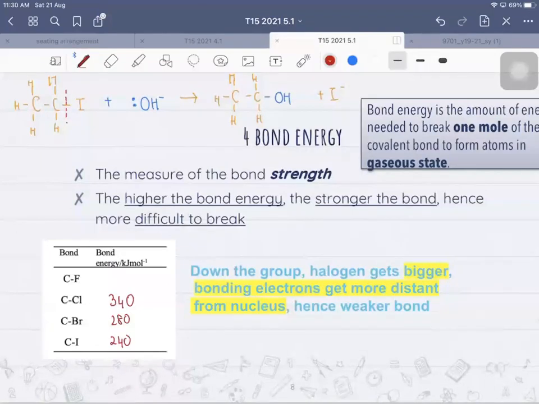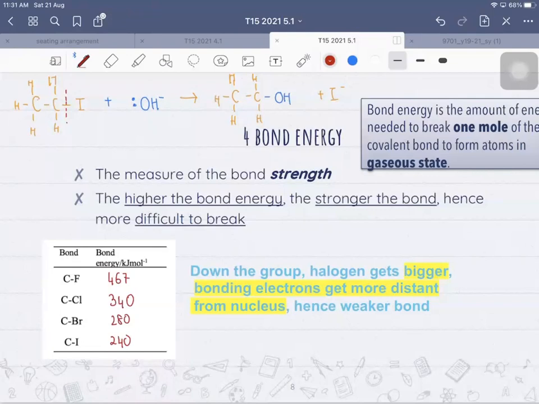The bond energy for the carbon-fluorine bond is not in your data booklet; I think they decided to remove it because the carbon-fluorine bond is so strong that it may not even be broken. The value is 467, which is really high compared to carbon-iodine. Okay, so the explanation: down the group, the halogen gets bigger.